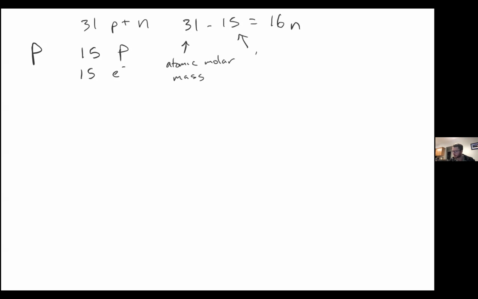Remember, we only draw the valence electrons in electron dot diagrams.